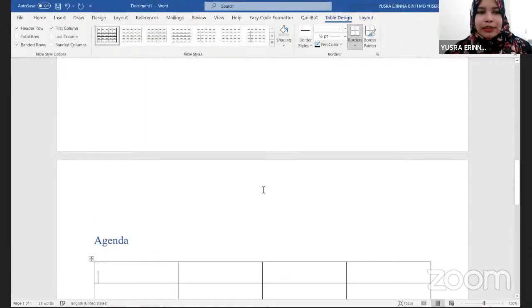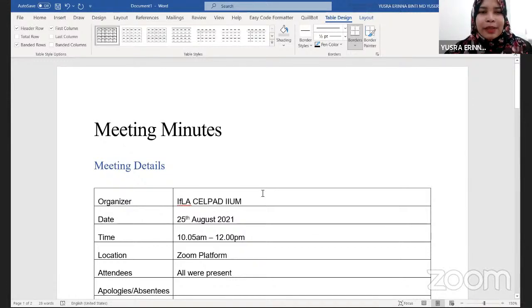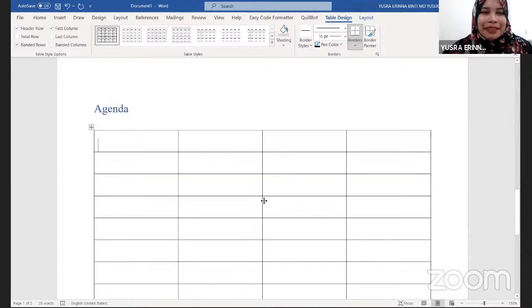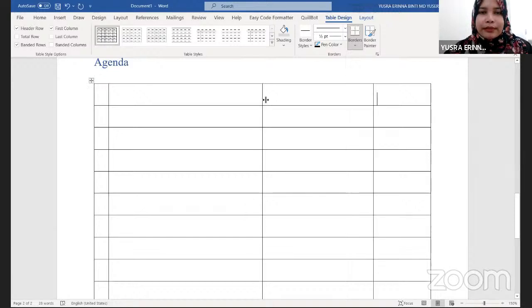It looks like a lot. Sorry, I made this big so that you can see clearly. Actually, this doesn't need to be so big, but I did it just because it's easier for you to see. So we have this one, and the last 2 columns can be evenly distributed.